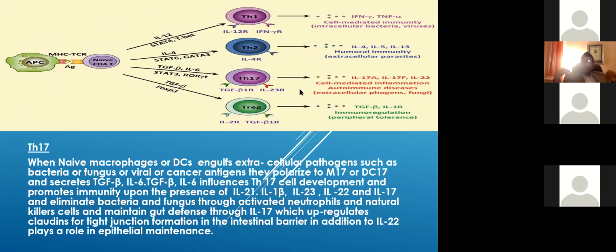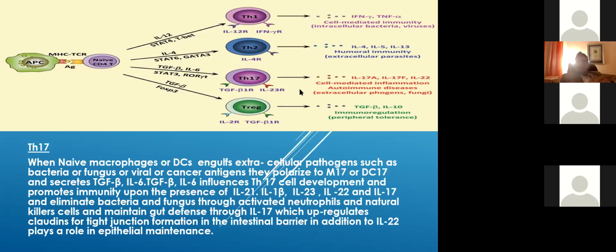If the macrophage eats extracellular pathogens, such as bacteria or fungus, or even free viral antigen, not the virus infecting the cells, not the cells being infected with virus, but free debris of the viral antigens, or free debris of the cancer that's free floating, not the whole cancer cell, but just the debris of the antigen, then they polarize into macrophage and dendritic cells type 17.